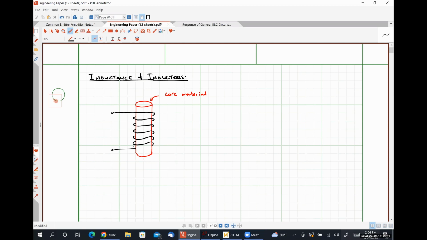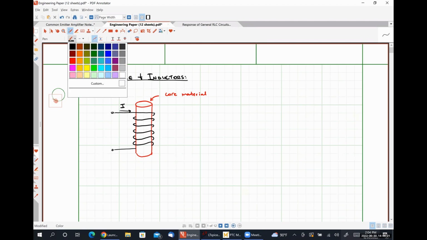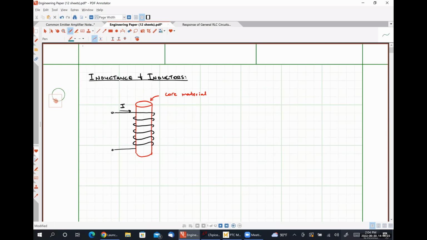When this wire carries a steady current I, the coil will have a constant magnetic flux flowing through it.